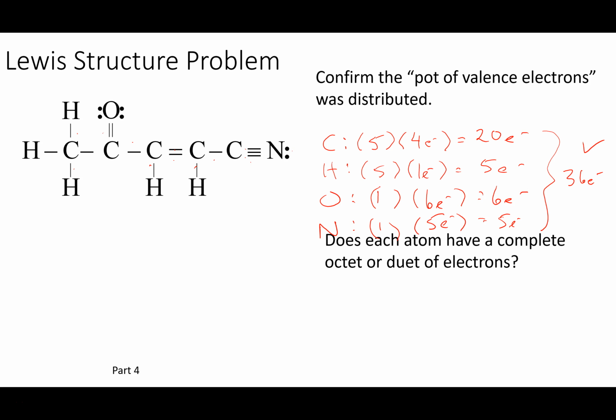This nitrogen, 8 electrons. So how many pairs of lone pair electrons are there? 3? Yep. 3. There are 3. Perfect.